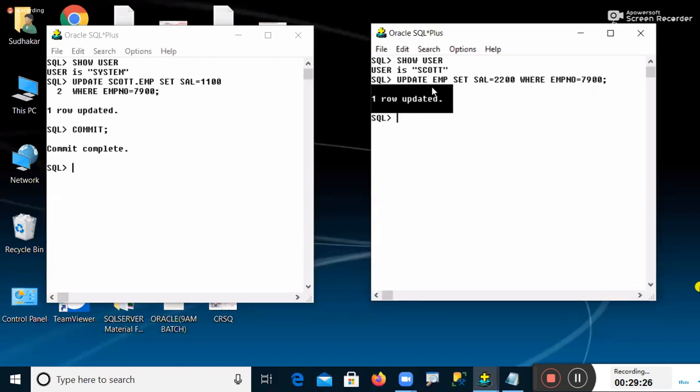See, concept understood. Now you understand the point, the locking advantage. Come on, guys, is it clear or not? Okay?